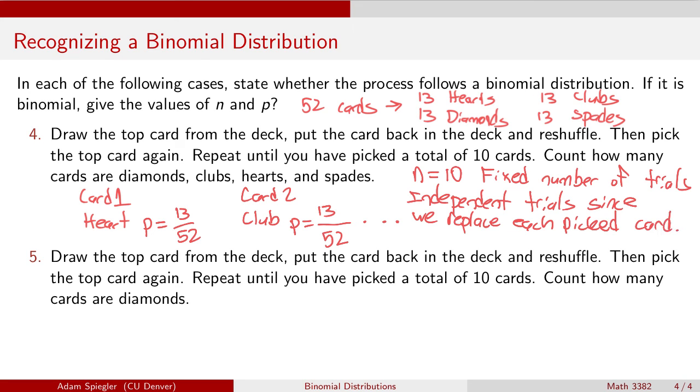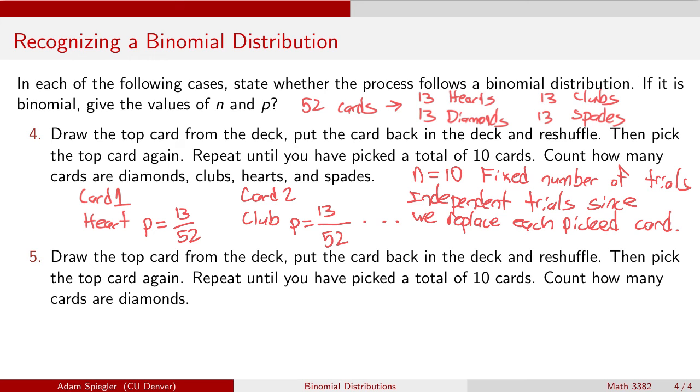Okay, and that is different than the previous example when we were picking the top 10 cards from the deck. In that case, we weren't replacing them, and that's why those events were not independent. When we put the card back in, each time we're resetting the sample space, we're going to have the same probability of picking any one of the suits of the card.